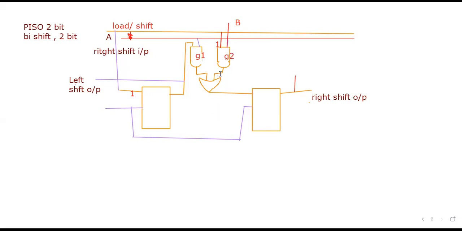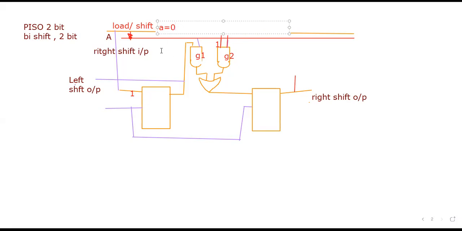Okay, so when A is 1, your load would be active and B will have input and A will also have input. Okay, so both are having input. But when there is a shift, for shift A would be 0. For shift A equals 0.